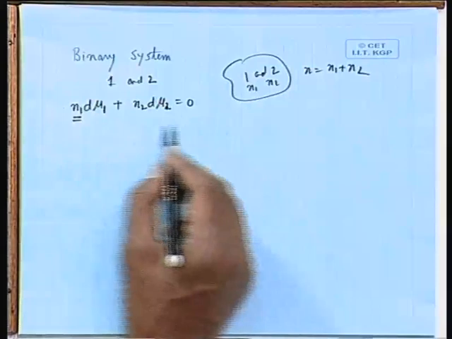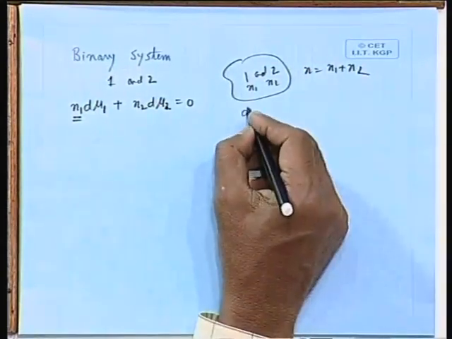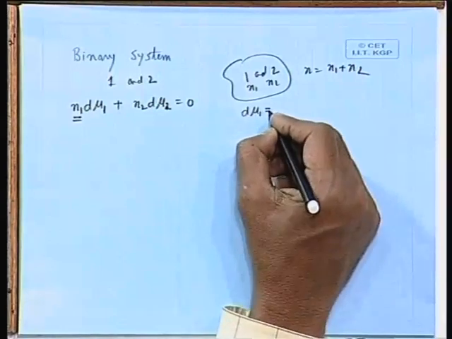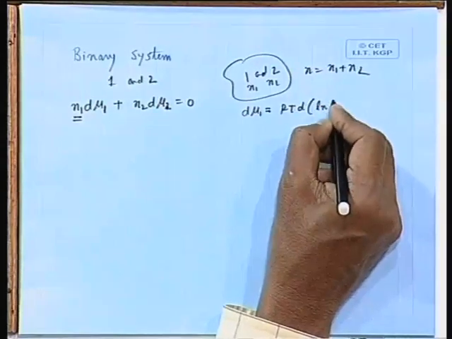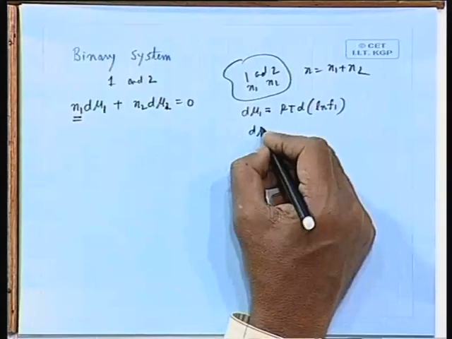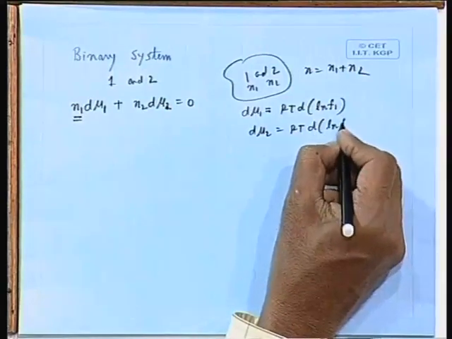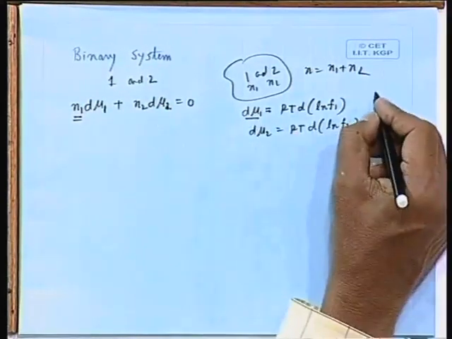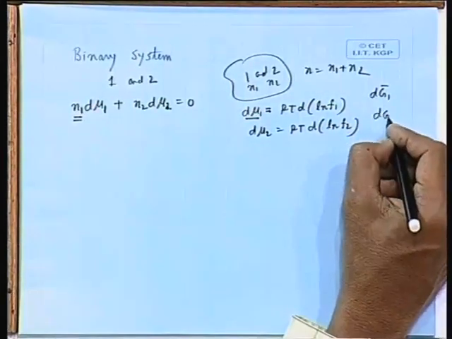We also know that d mu 1 is equal to RT d ln F1 in terms of the fugacity, and d mu 2 is RT d ln F2. d mu 1 is nothing but dg1 bar and d mu 2 is nothing but dg2 bar.